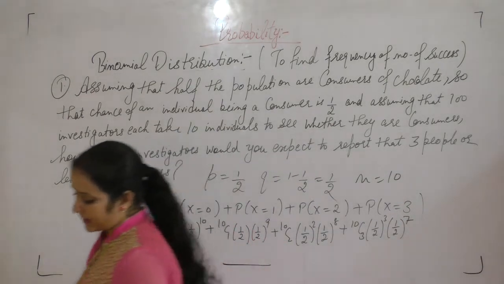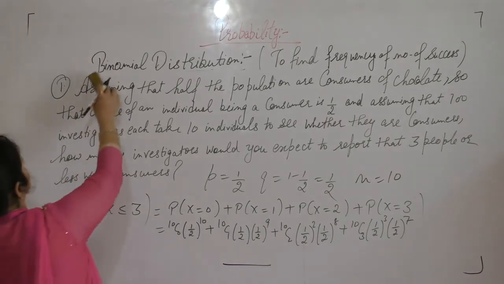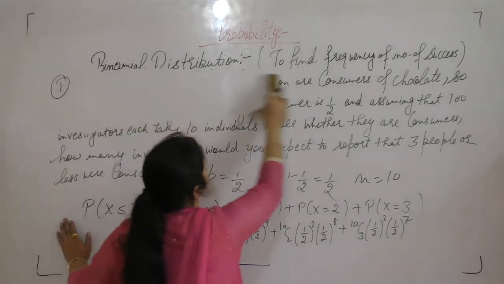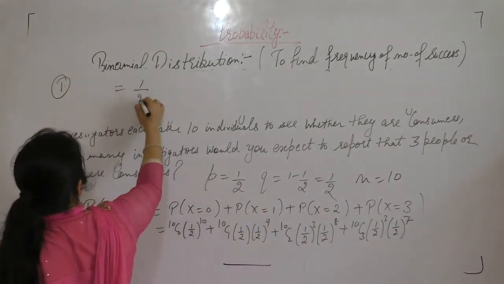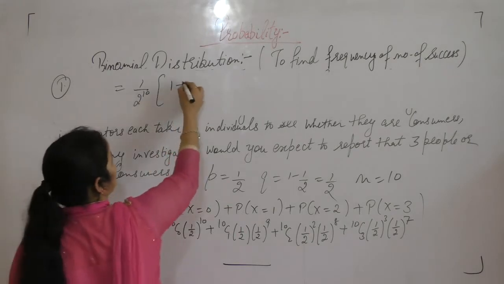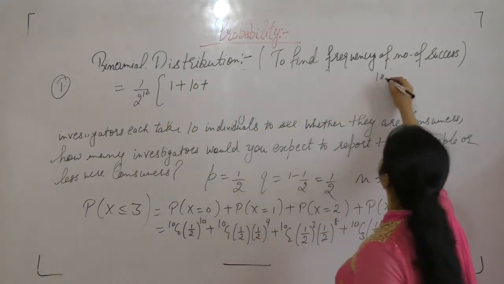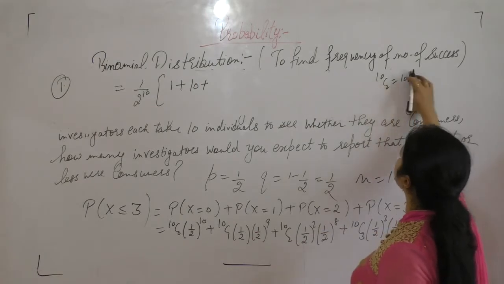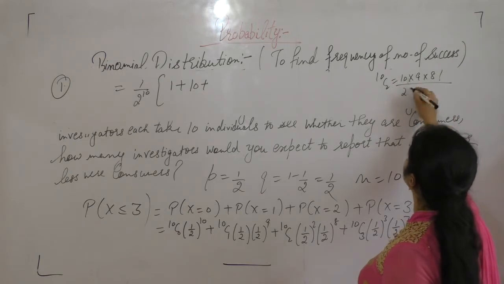(1/2)^10 is common in all. (1/2)^10 times, 10C0 has value 1, 10C1 is 10, 10C2 is 10 factorial upon 2 factorial, 8 factorial.